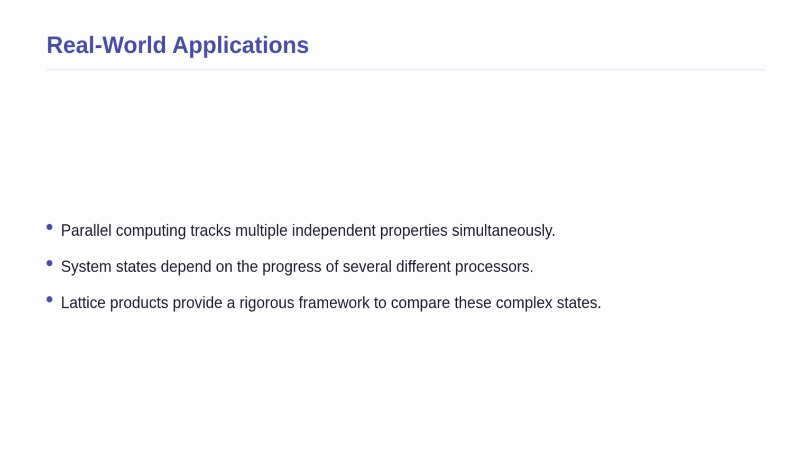So we have proven that our lattice rules hold. This brings us to an important question. Why do we care about lattice products in the real world? In computer science and engineering, we rarely deal with systems that only have one variable. We usually have multiple independent properties to track at the exact same time.